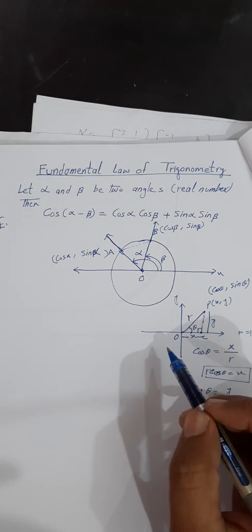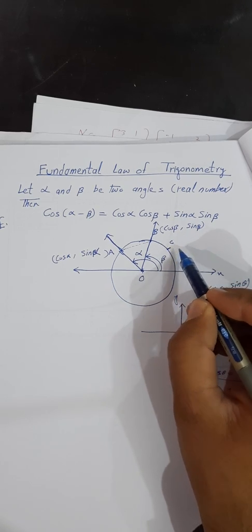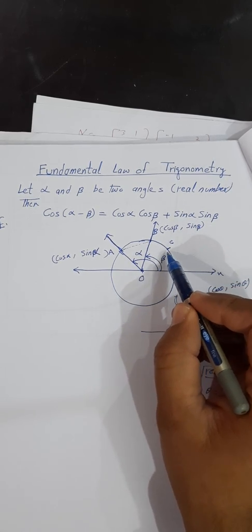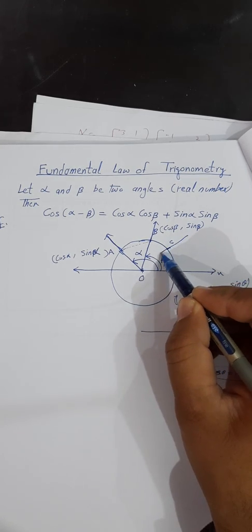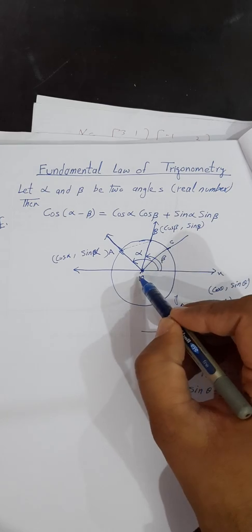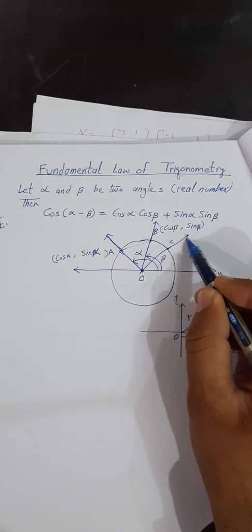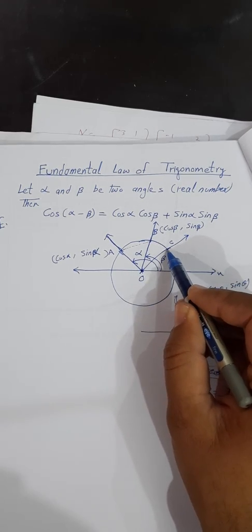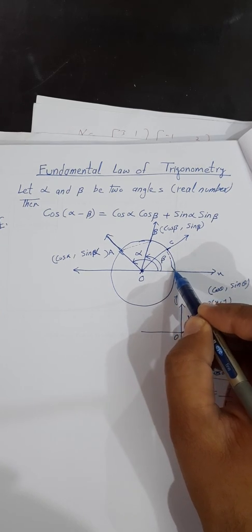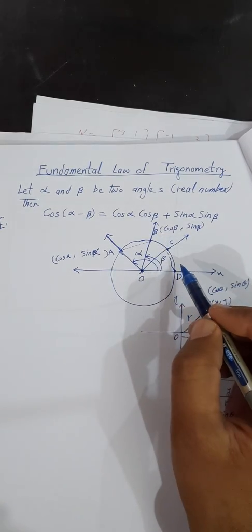Now we choose a point C on the circumference such that if we join OC, we draw a ray which passes through point C with vertex at O. We choose point C in such a way that, if this is the point D, then the distance CD and AB are equal.